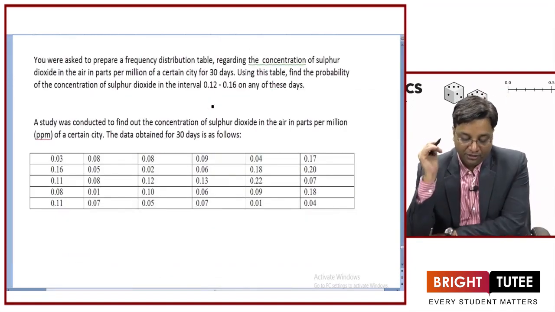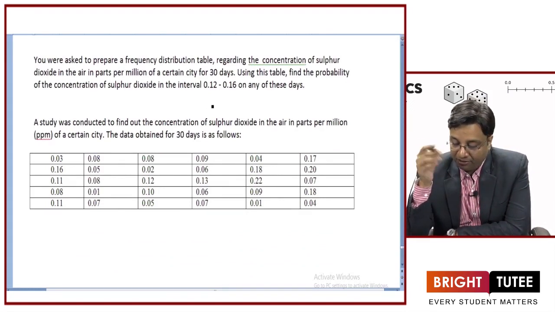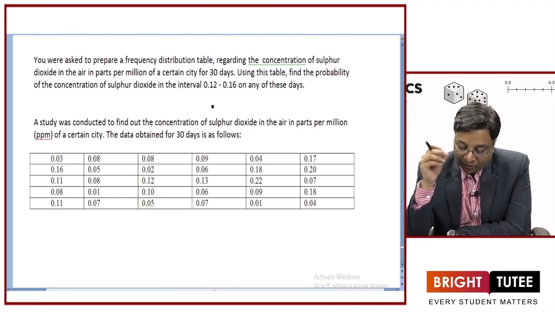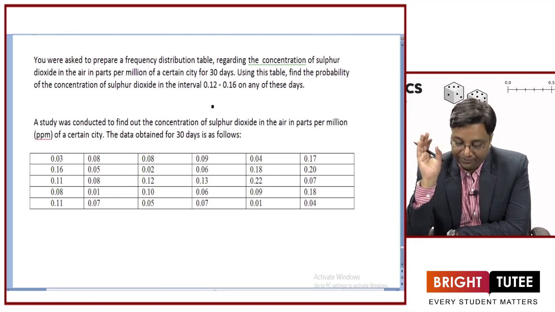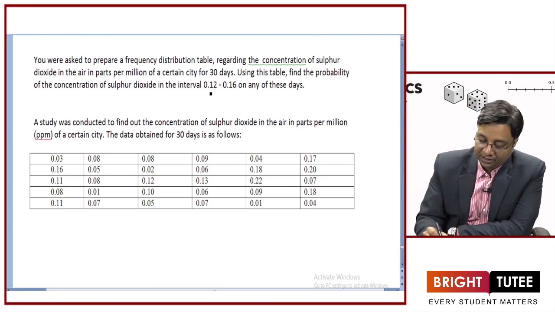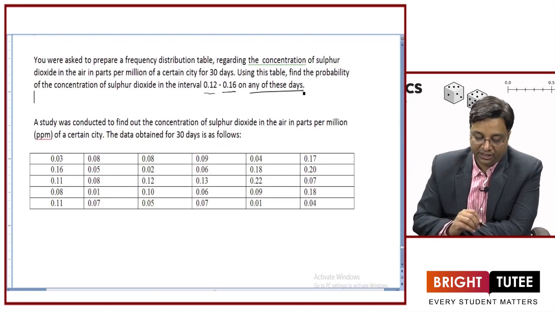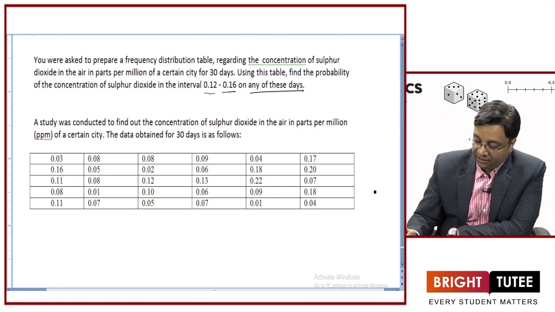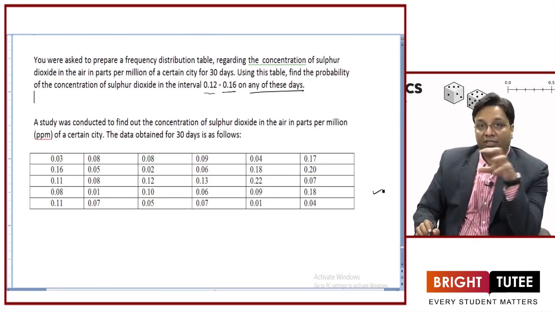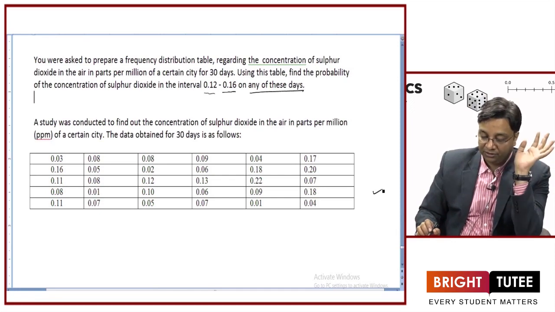Okay. Now, you are given a frequency distribution table regarding concentration of sulfur dioxide in the air in parts per million, that is ppm, of a certain city for 30 days. Using this table, find the probability of concentration of sulfur dioxide in the interval 0.12 to 0.16 on any of these days. This is the data that was collected for 30 days of observations.